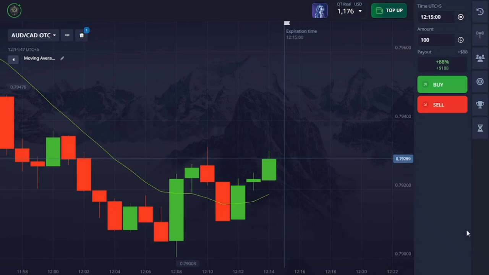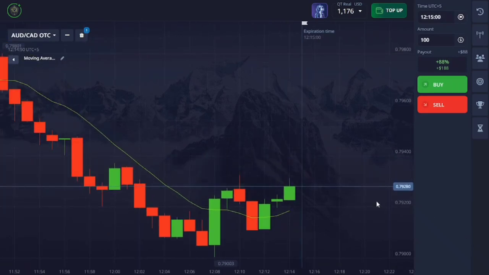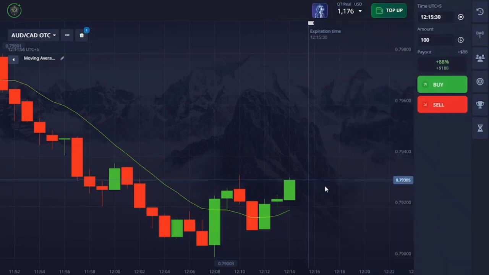We will wait a little for a good opportunity, and after the closing of this candle, I will place a trade in the up direction.